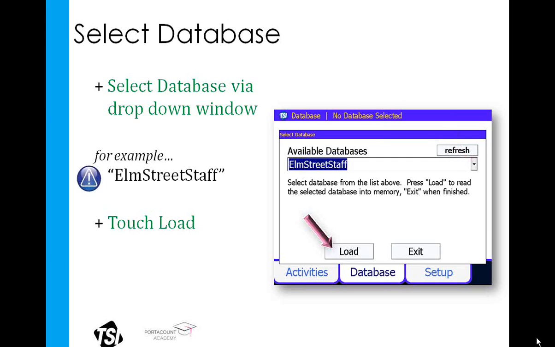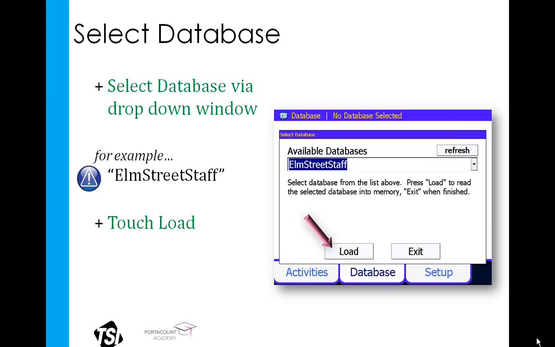Keep in mind that you can have multiple databases on one flash drive. You would follow these same steps to choose between one database and another. Now in my example, the database name was Elm Street Staff.